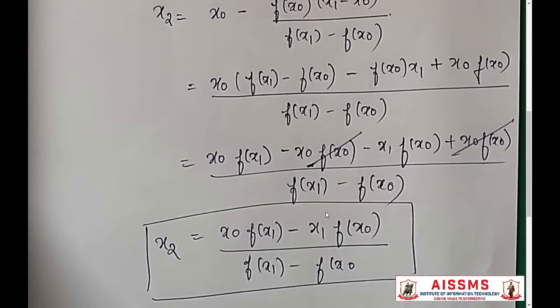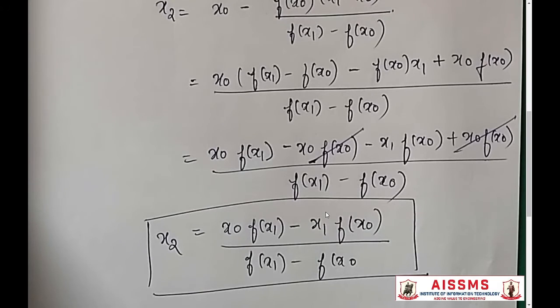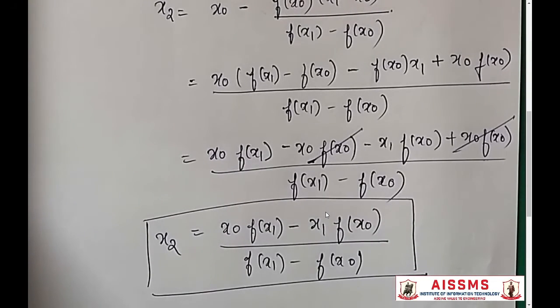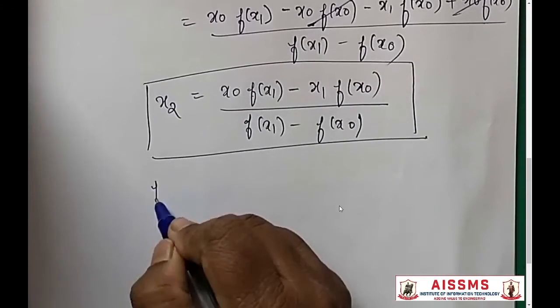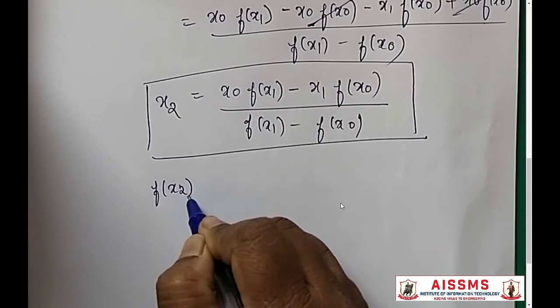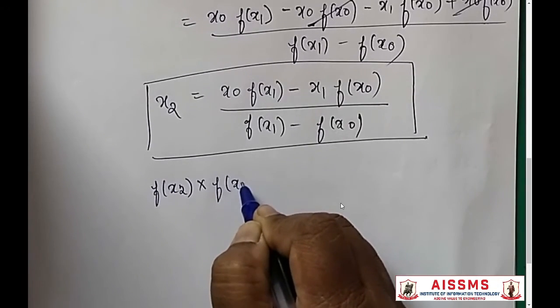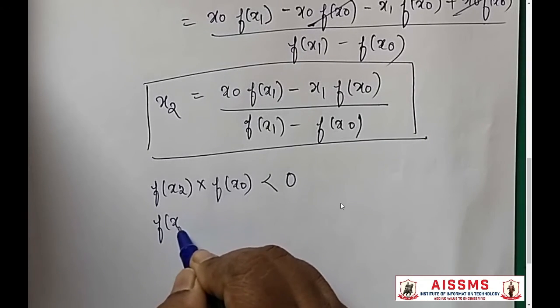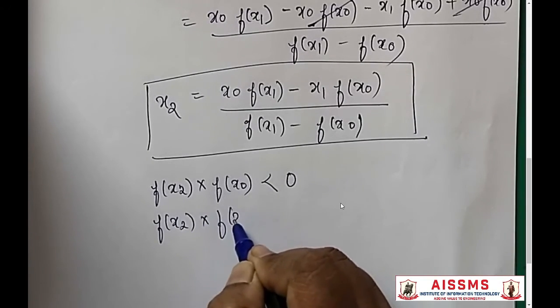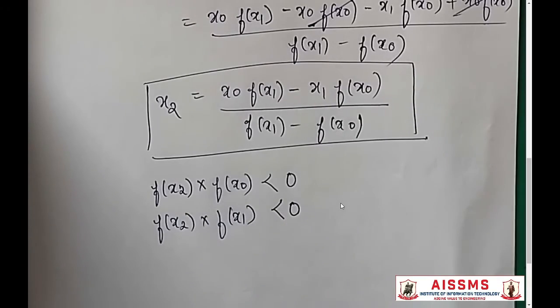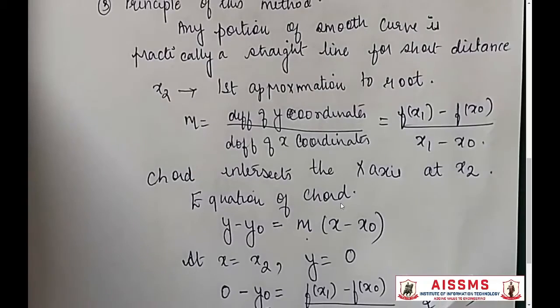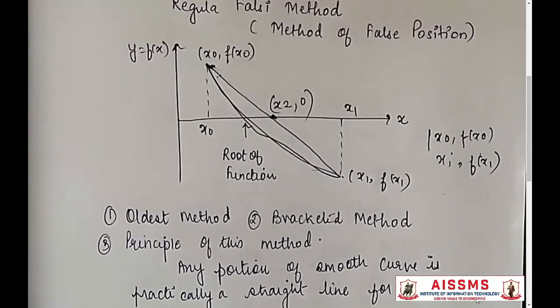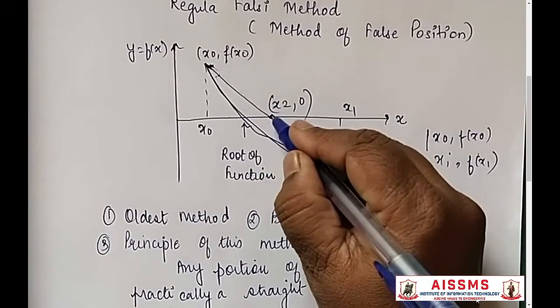Then you will check whether f of x2 into f of x0 is less than 0 or f of x2 into f of x1 is less than 0. Now if you look into the graph which we have drawn, this is our point x2.